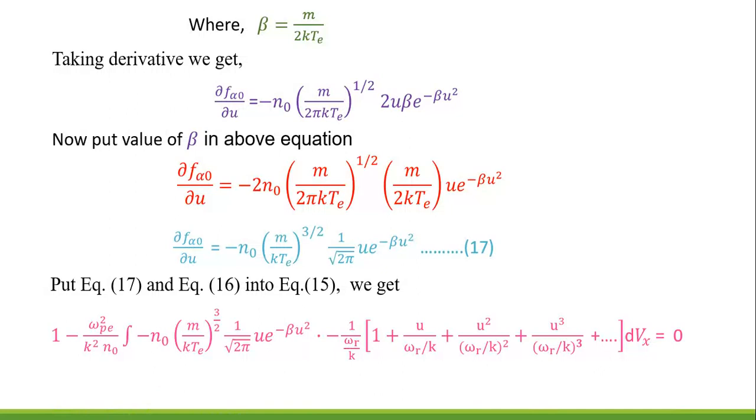Here you can see all these combinations, if we multiply this omega r over k inside the bracket to have u over omega r by k plus u square over omega r by k square plus u cube by omega r over k cube, and plus so on.